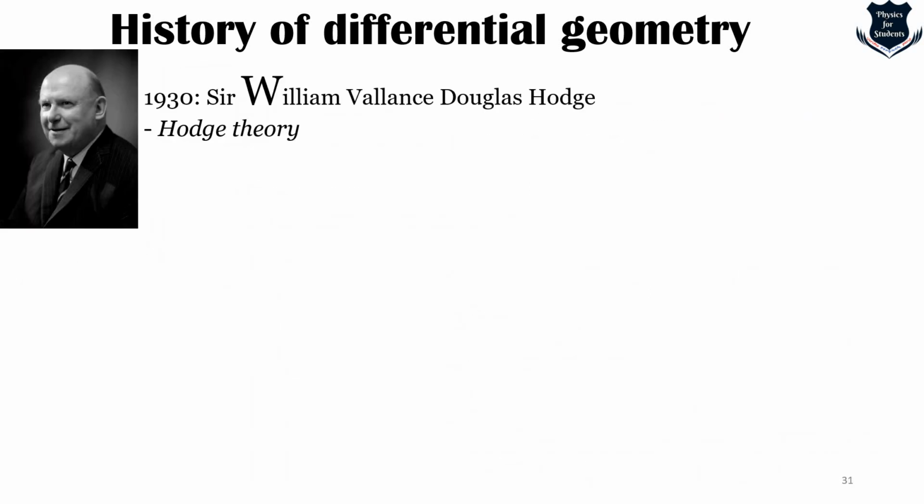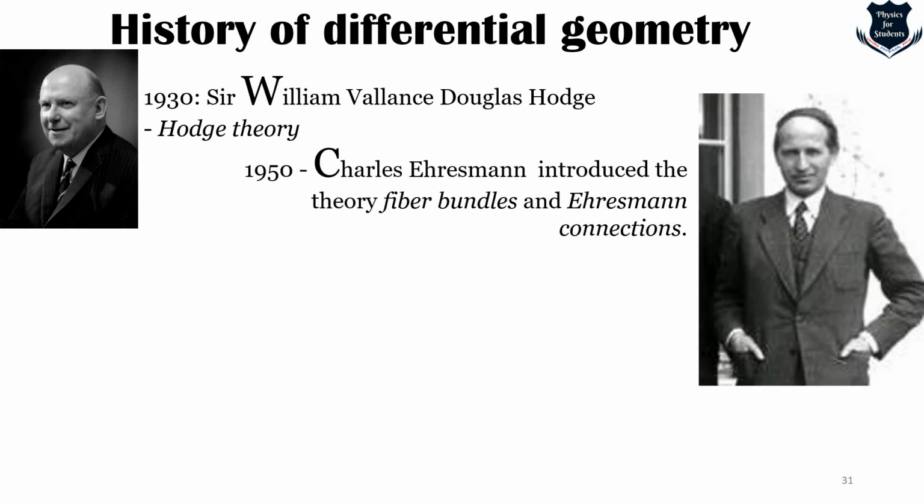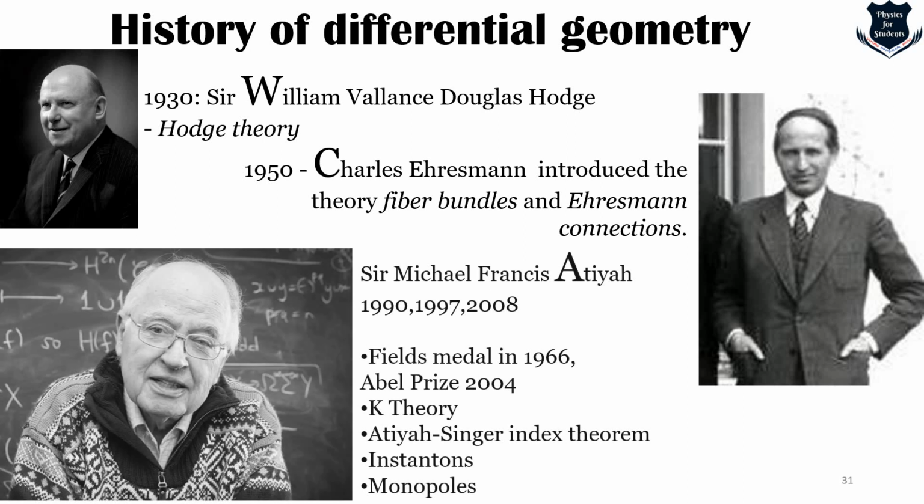Yau is considered one of the major contributors to the development of modern differential geometry and geometric analysis. Sir William Vallance Douglas Hodge expanded the understanding of differential forms, and Charles Ehresmann, who introduced the theory of fiber bundles and Ehresmann connections, is very important. Among them, finally, we come to Sir Michael Francis Atiyah, who made significant contributions, including the Atiyah-Singer index theorem, and was the co-founder of topological K-theory.